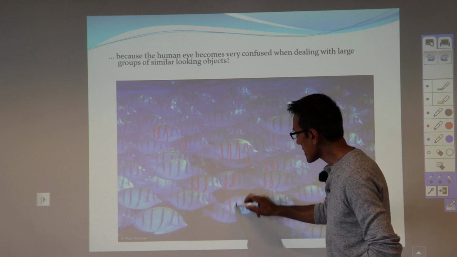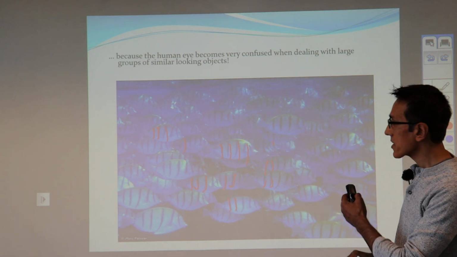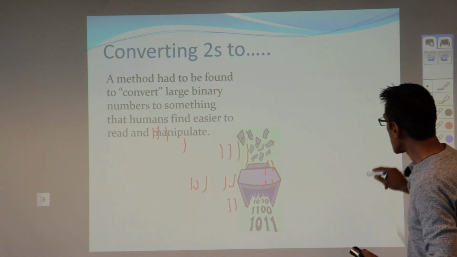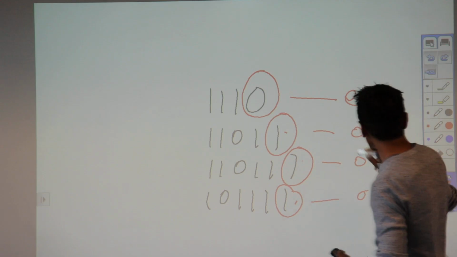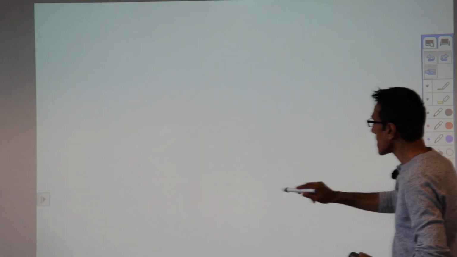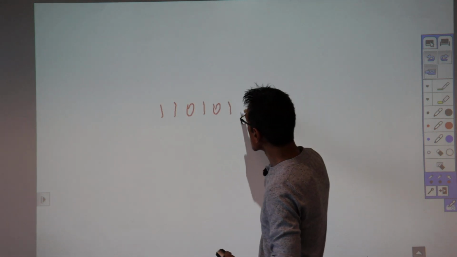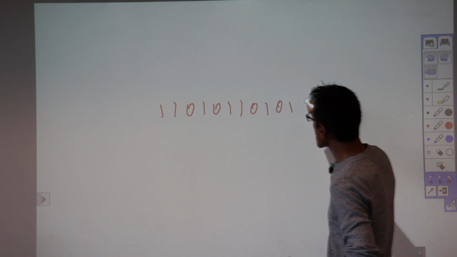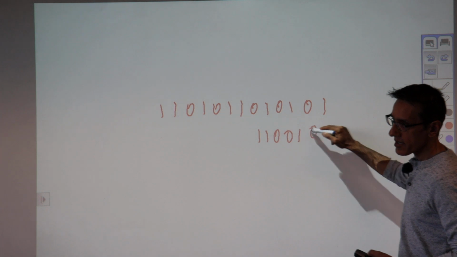In the same manner, if you had very large numbers written in binary, it's very, very easy to get confused.